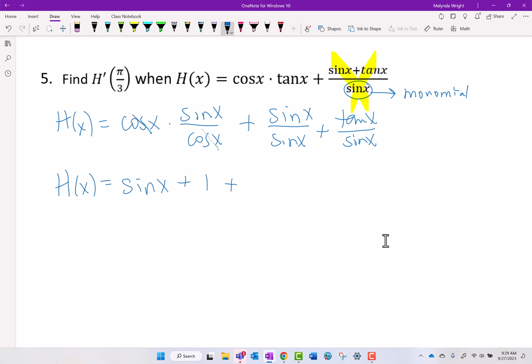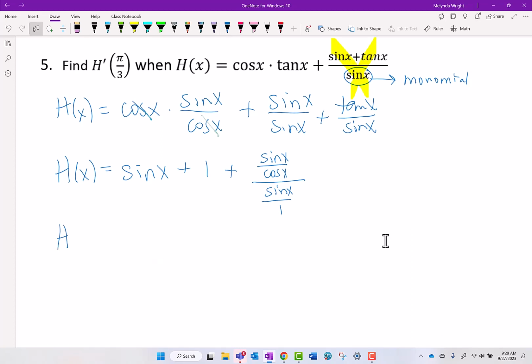I'm going to rewrite. So that's tangent is sine over cosine over sine over 1. If I keep change flip, is that going to make my life easier? It sure is. So I'm going to do that. Why wouldn't I rewrite to make my life easier? So sine of x plus 1 plus, that was sine x over cosine x times, and I change the division to multiplication, flip the bottom.